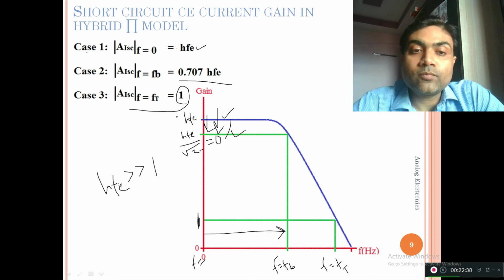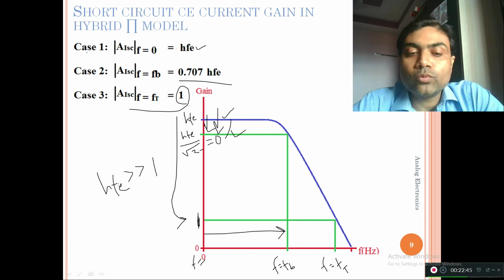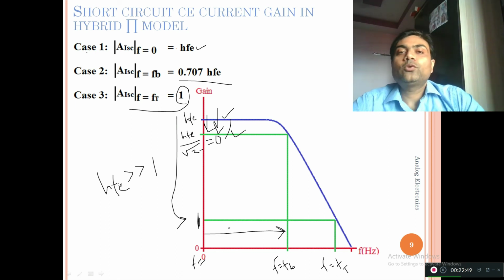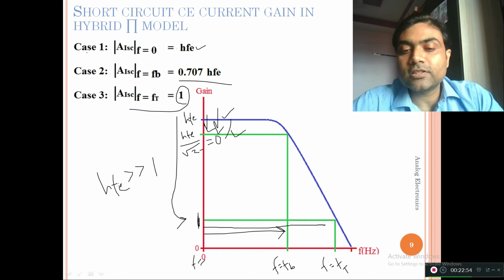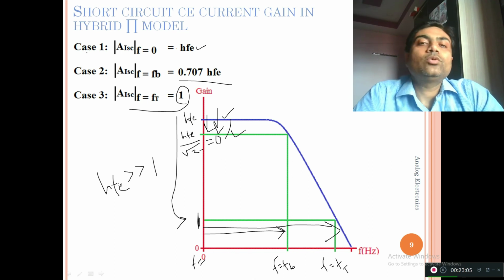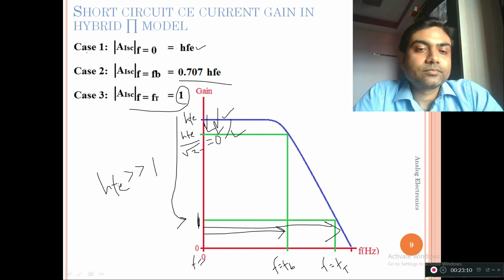So you have come from HFE down to 1. You have decreased the gain from HFE to the unity gain, and since we have decreased it, we have further increased the bandwidth of the amplifier. So f equals FT is the frequency where we get the maximum bandwidth, but the gain becomes unity. This is nothing but the gain bandwidth product.